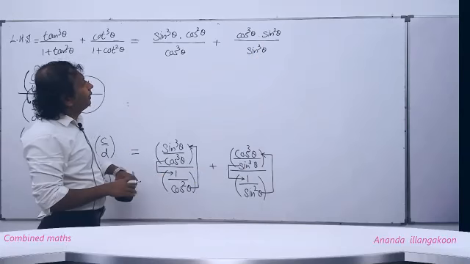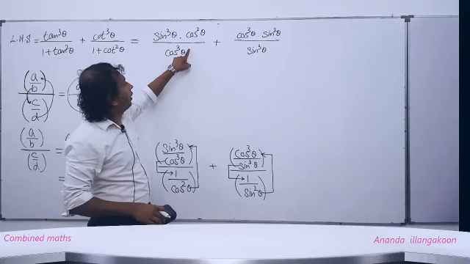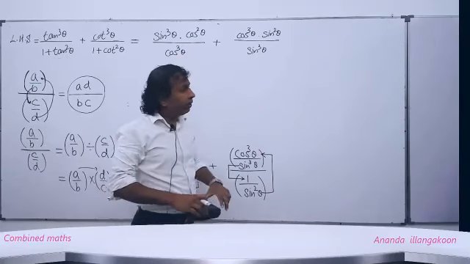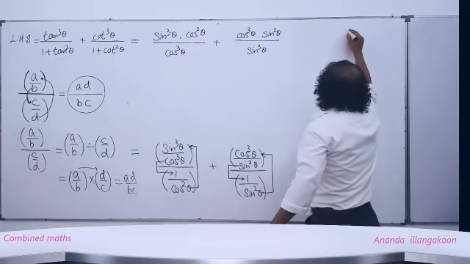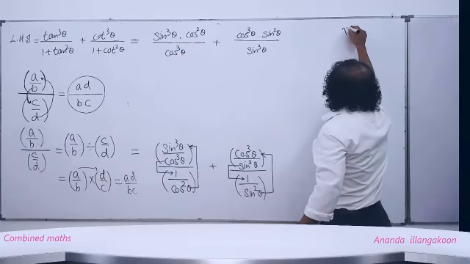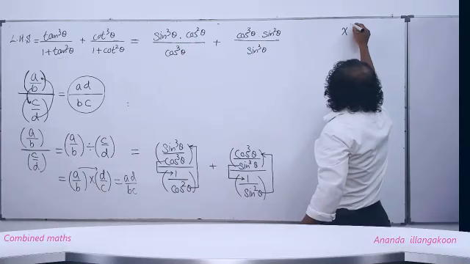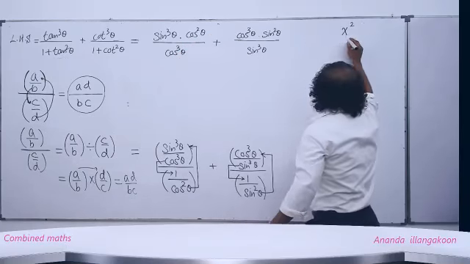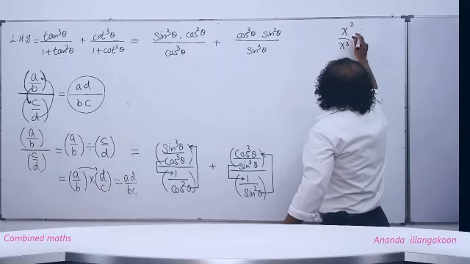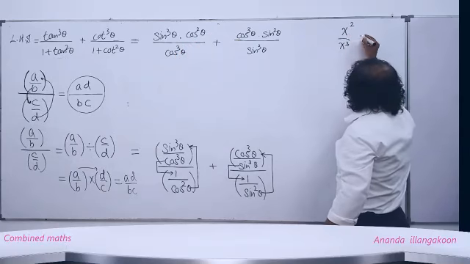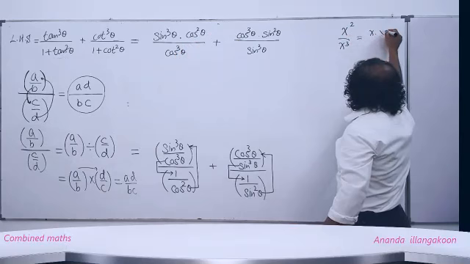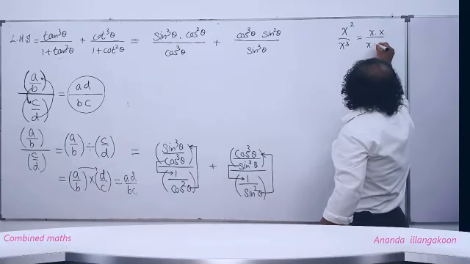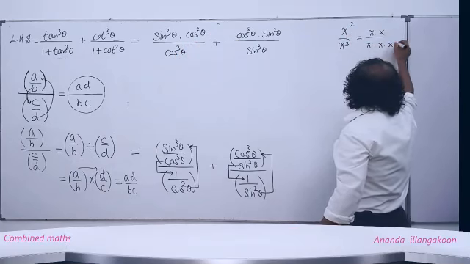People, you know here, cos square theta divided by cos cube theta. You can think of it like this. Take cos theta as x, then we have here x squared, and this is then x cube, no? X squared divided by x cube means, people, x squared is x into x, and x cube is x into x into x.